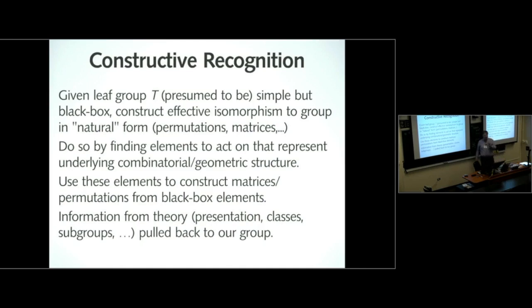And we do this by basically finding, from random search, suitable elements from which we can build the underlying combinatorial or geometric structure, where action on these elements corresponds to action, say, of the alternating group on points, and we therefore can write down, if we have an element in this group, the corresponding permutation.